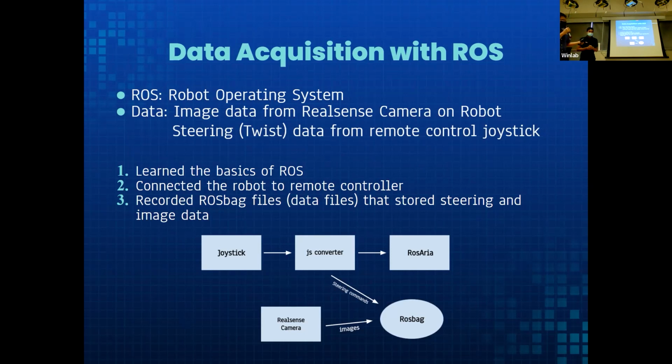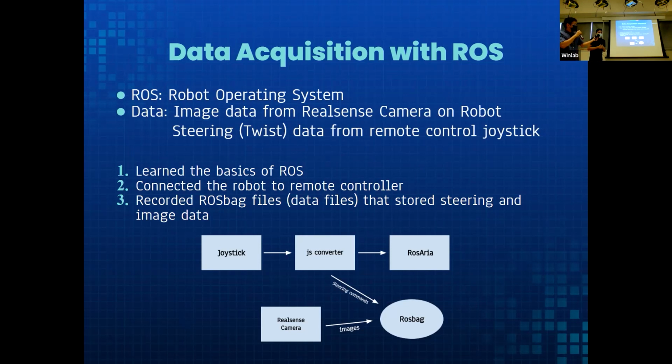While recording the movement data, we also recorded the image data by using the RealSense camera. This diagram basically explains the process of recording. We have a joystick, we get access to its nodes, we convert it to usable data, and it publishes ROS twist data, which refers to movement data, and thus the robot was able to move on our command.